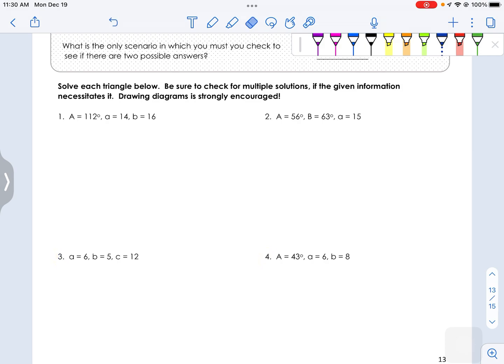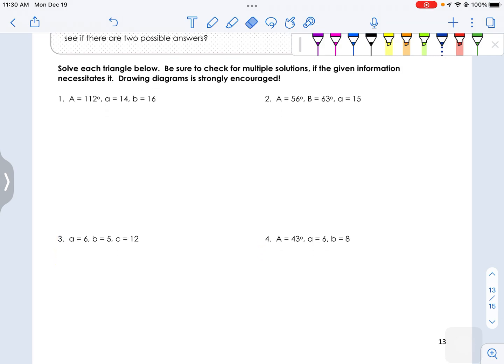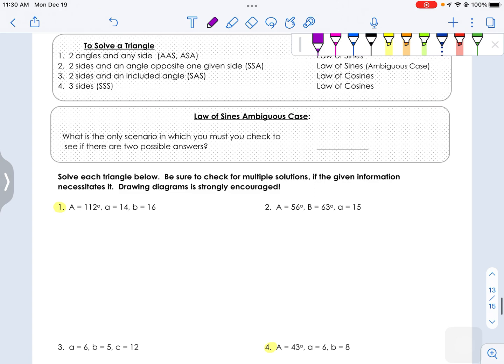Okay. So when I first look here, the ones that could have multiple solutions are anything that has side-side-angle. And so number one could be side-side-angle, and number 4 could be side-side-angle because I have two sides and an angle given. So the only time you have to check to see if there are 2 possible answers is when you're given side-side-angle.